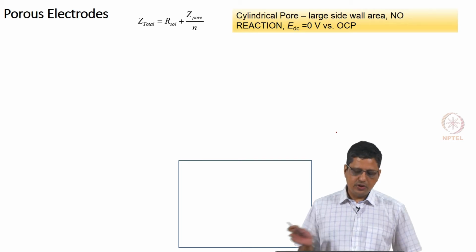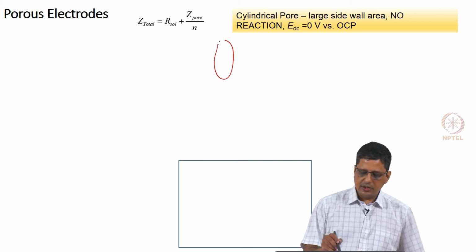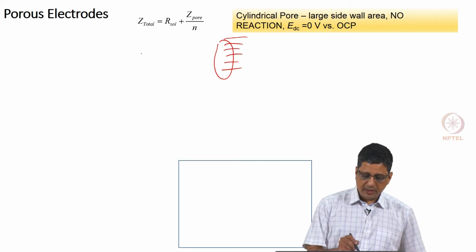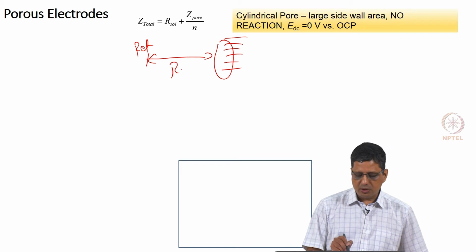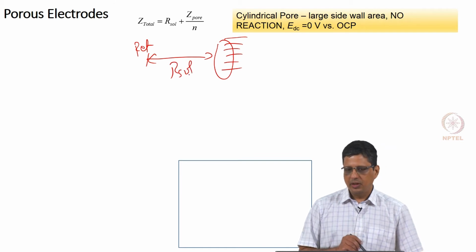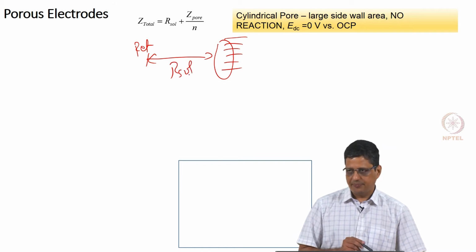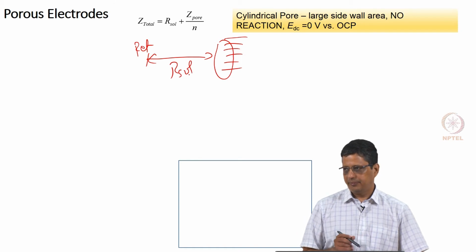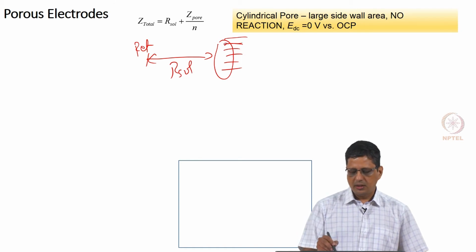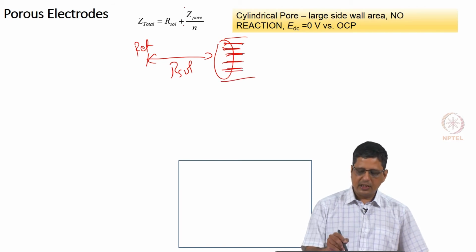And then there is a solution resistance here, that is the R solution from the reference electrode to this porous electrode. That is what I give by R solution there. We have accounted for the solution resistance inside this porous electrode in our expression for Z pore.